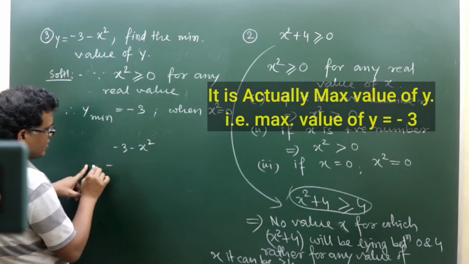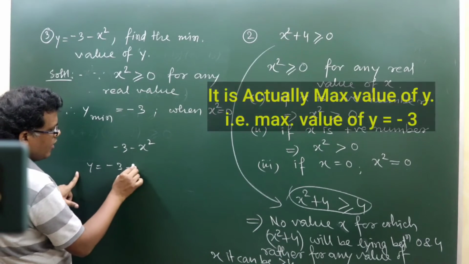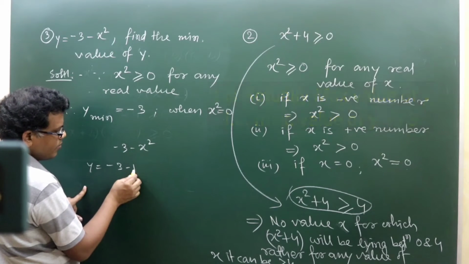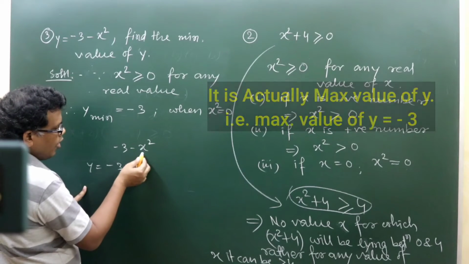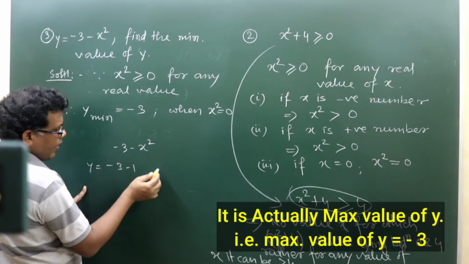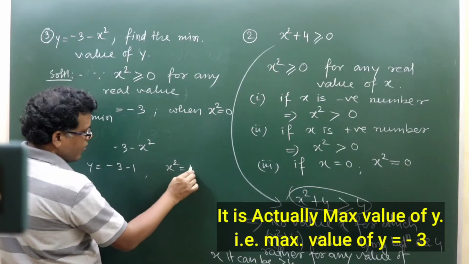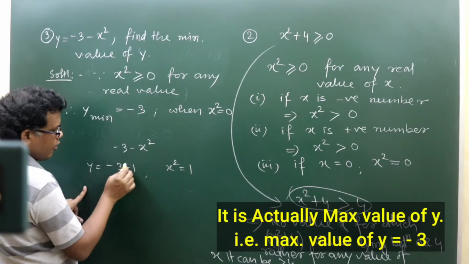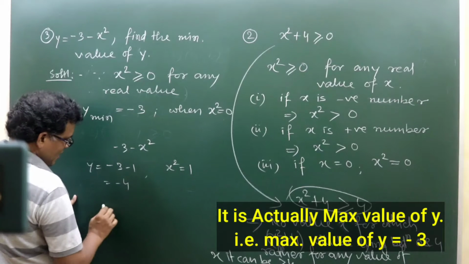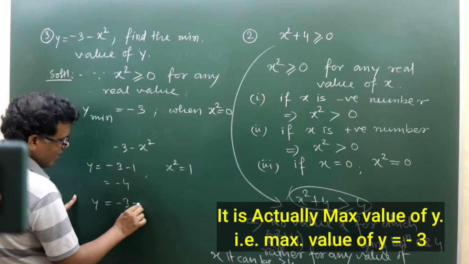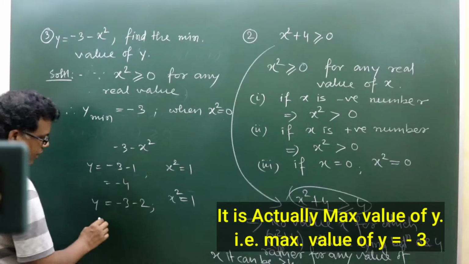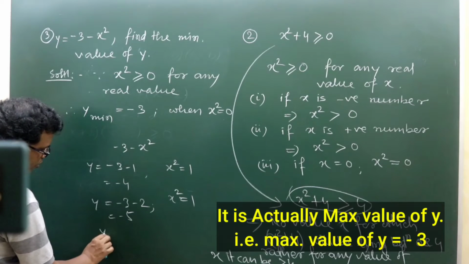So think, when x square is itself 1, what will it be? When x square is positive 1, it is minus of 1, so it will be minus 4. When x square is 2, because x square is positive, it is minus 5.